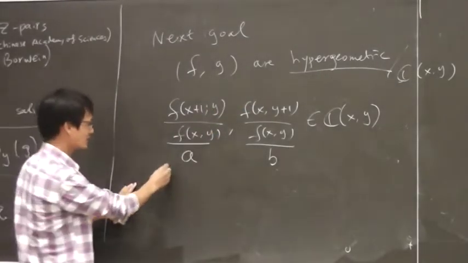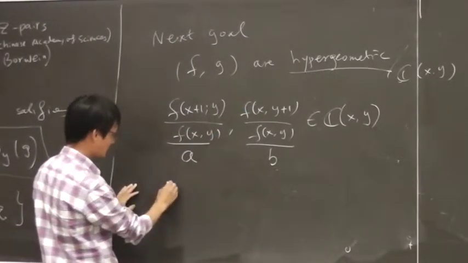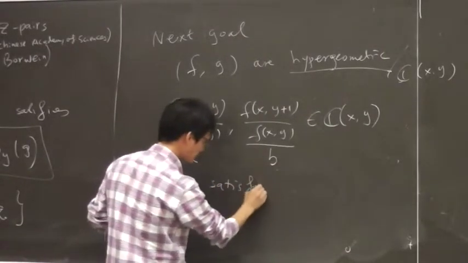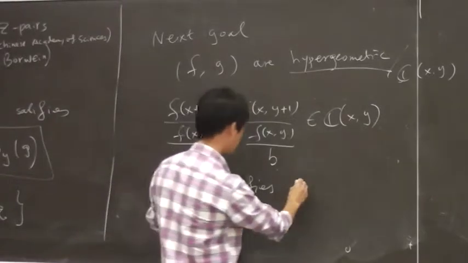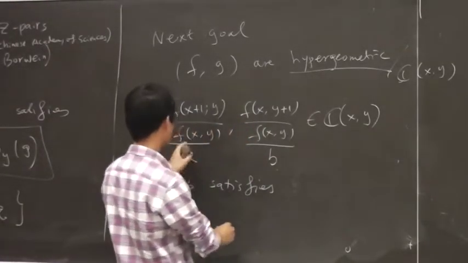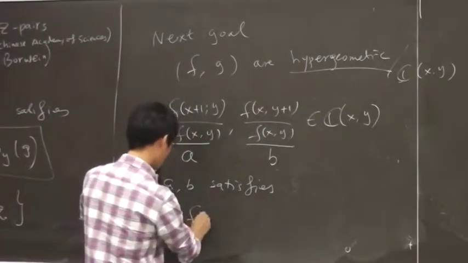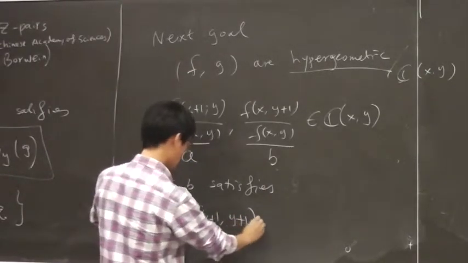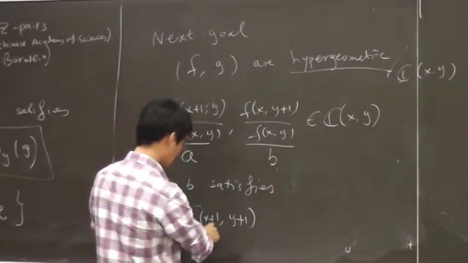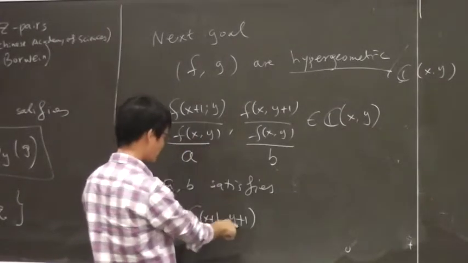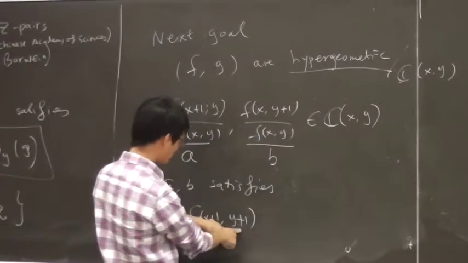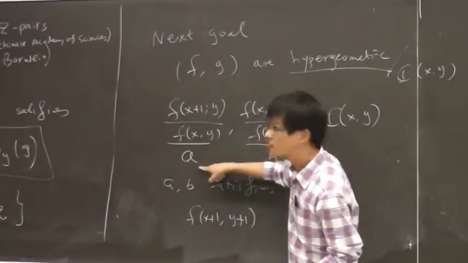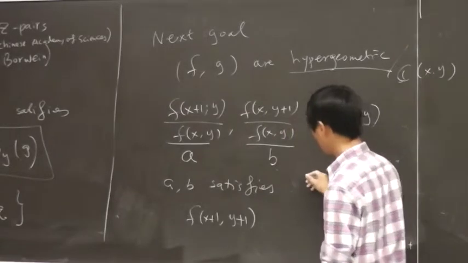So this means A and B satisfy the following equation. You first apply this shift using the first one, and then you use the second one, and then you can do this first, and then this first. So anyway, you can get the condition for A and B, which is the following.